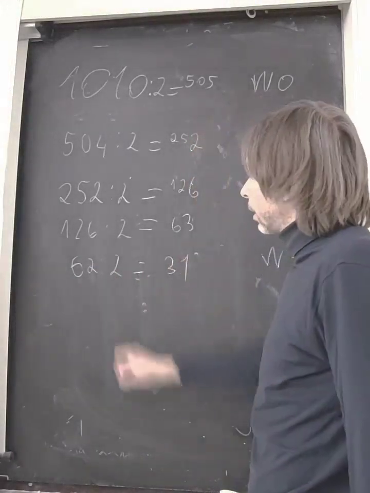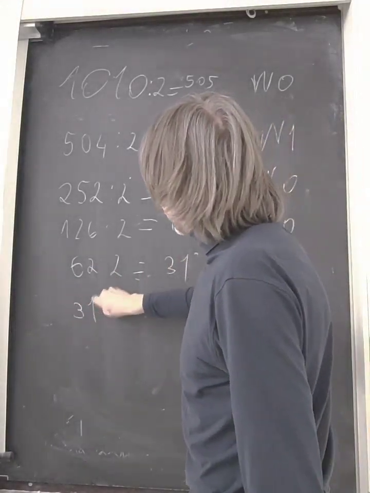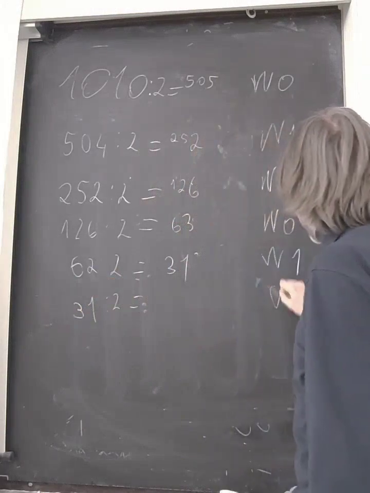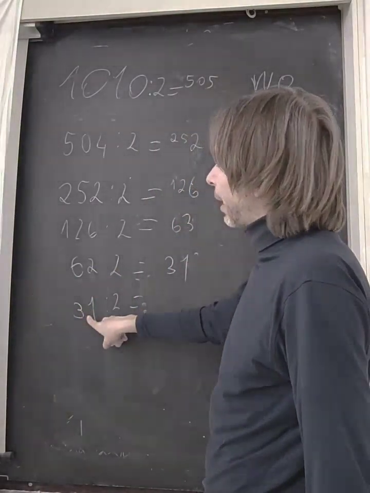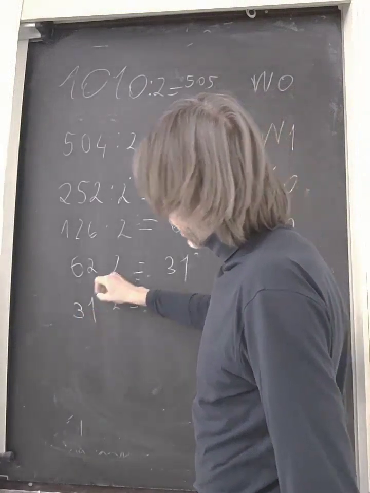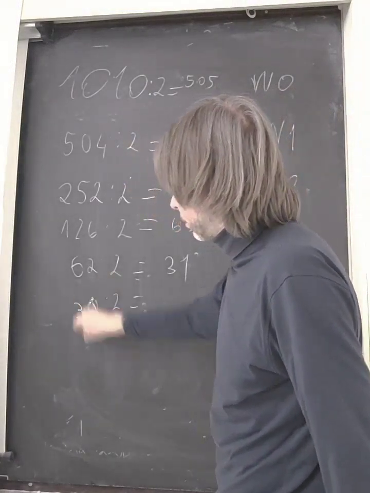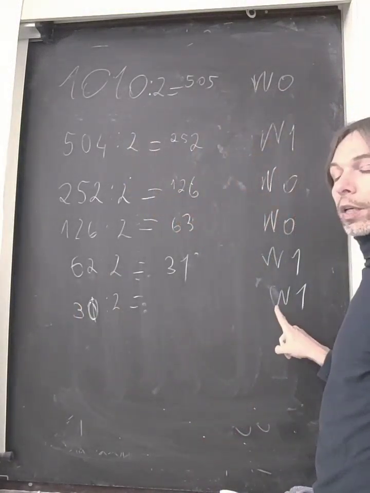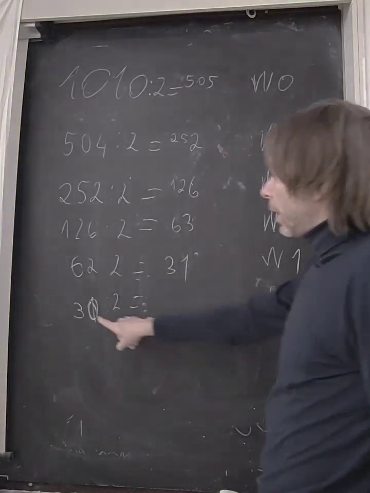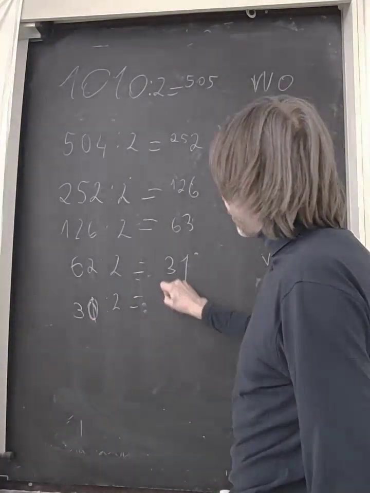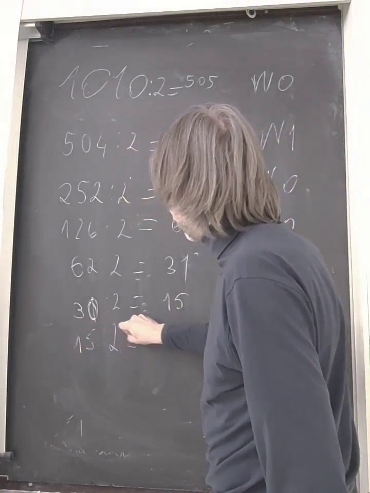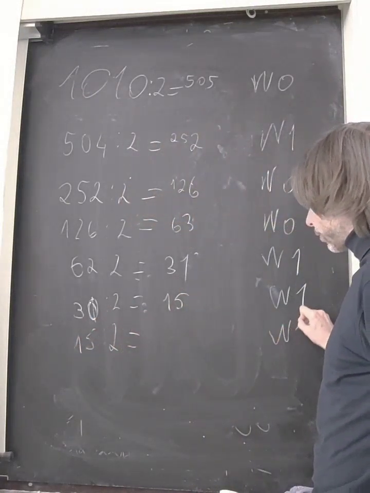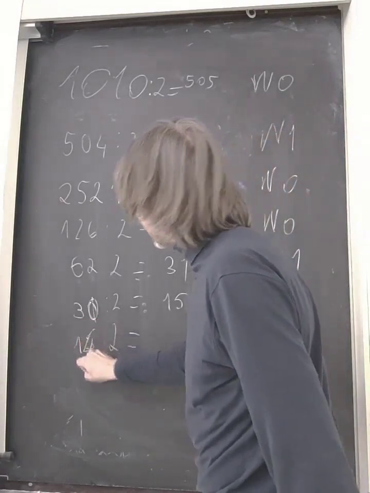Easy. 31 divided by 2 is a waste of 1 because it is odd. So I lower it because I put the waste here. 30 divided by 2 is 15. Then 15 divided by 2 has a waste of 1 and it becomes 14.